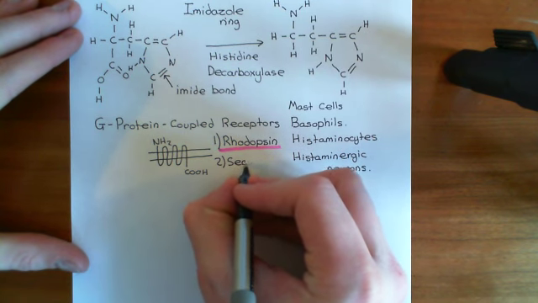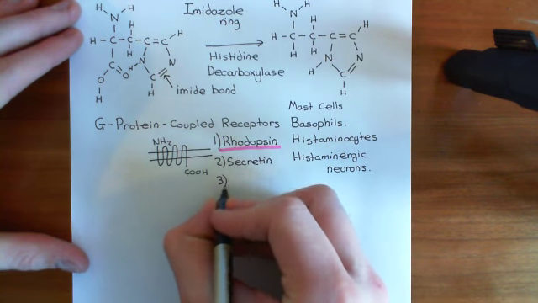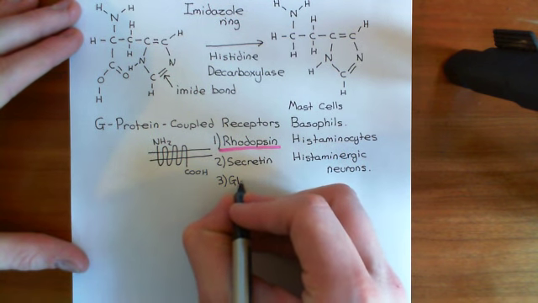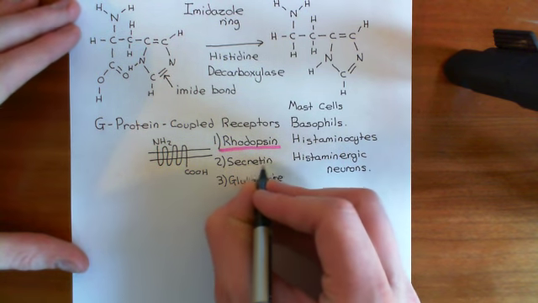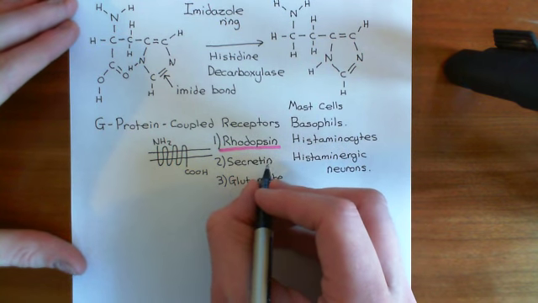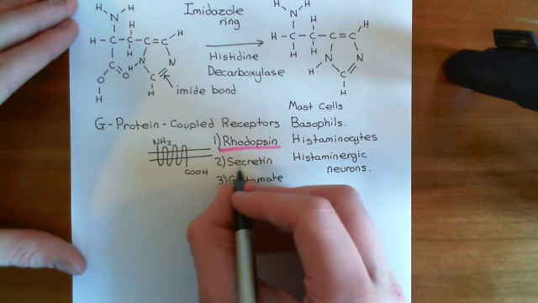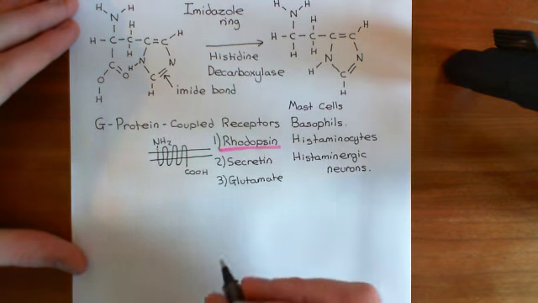The other 4 families are the secretin family of G-protein coupled receptors, then the glutamate family. The secretin family contains, for instance, the receptors to parathyroid hormone, the receptors to glucagon, things like that.